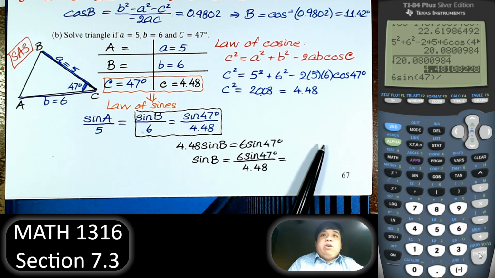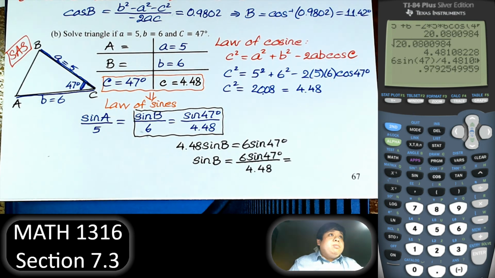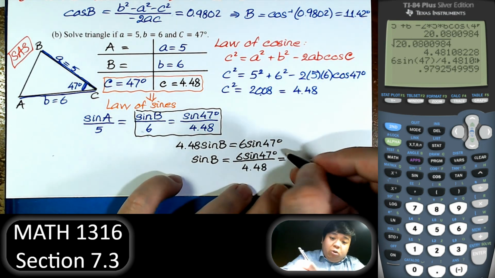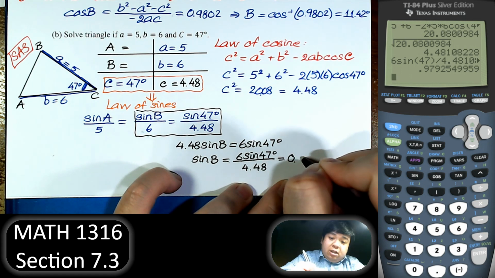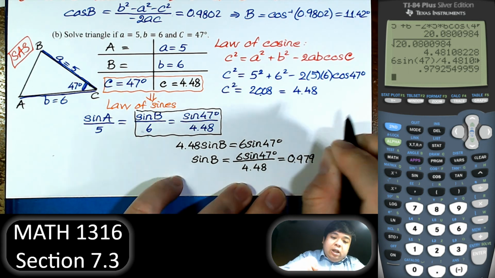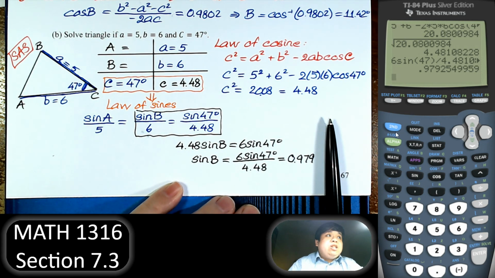Take the whole number, don't round off. Only round off at the last step, right? I'm just going to write the number, but I'm not going to use that. If I want to find the angle, that will be sine inverse.